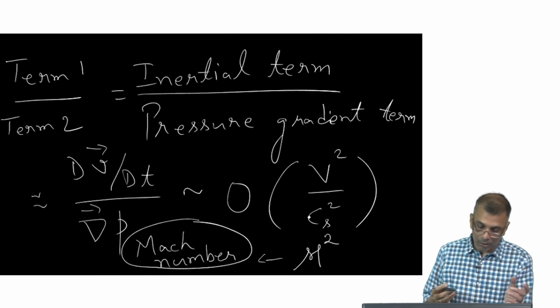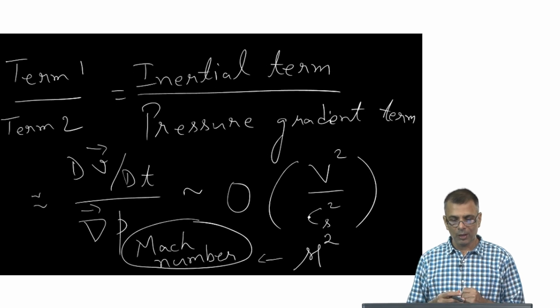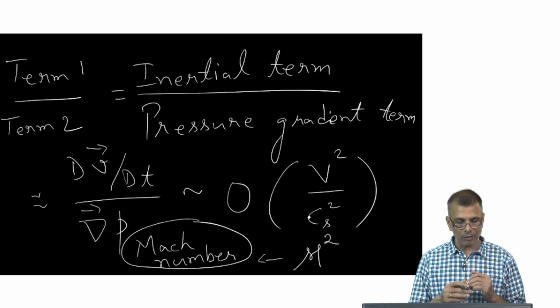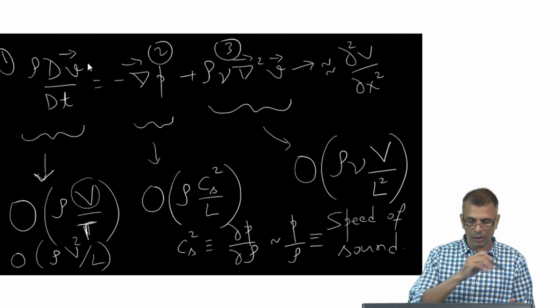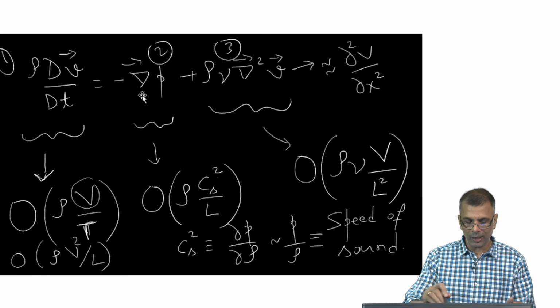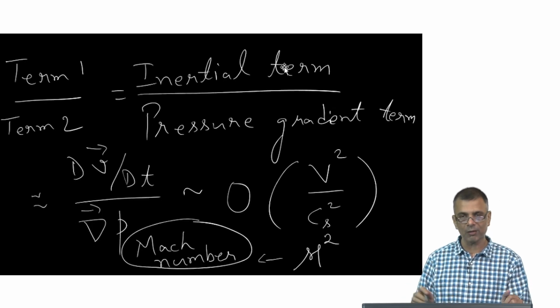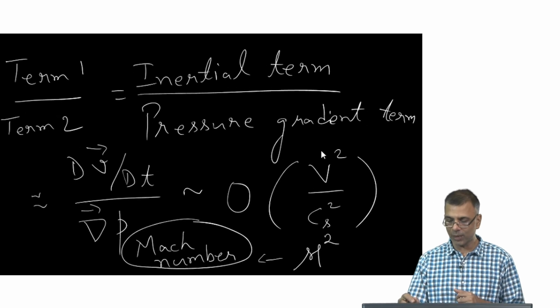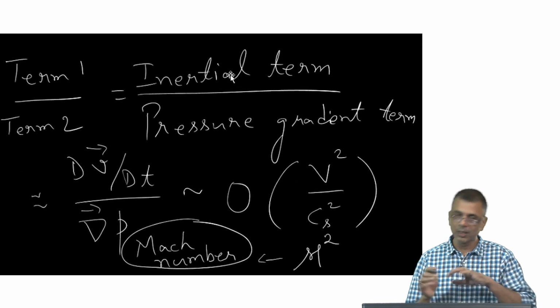But where did it come from? Why did I simply pop it on you? It came from the fact that it is the ratio of the first term in the Navier-Stokes equation to the second term, or the ratio of the inertial term to the pressure gradient term. So clearly if the Mach number is large, that means the inertial term is more important than the pressure gradient term, and vice versa.